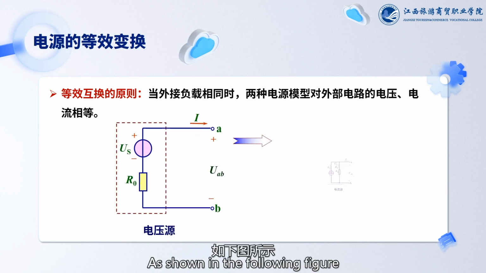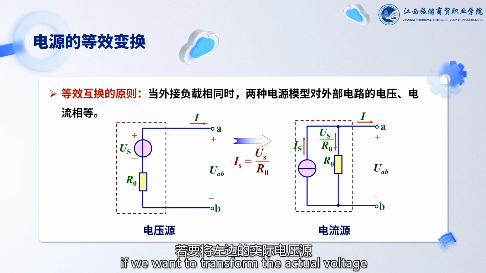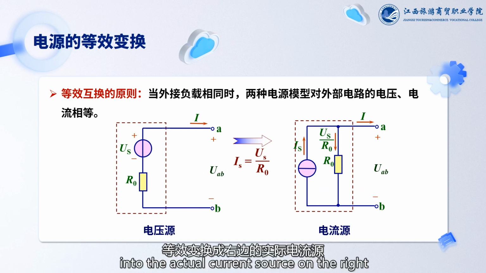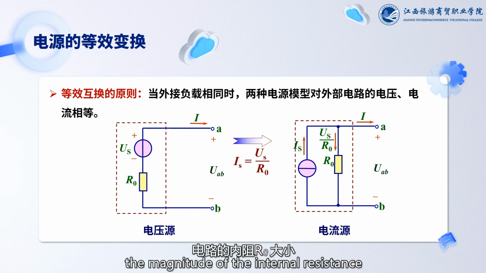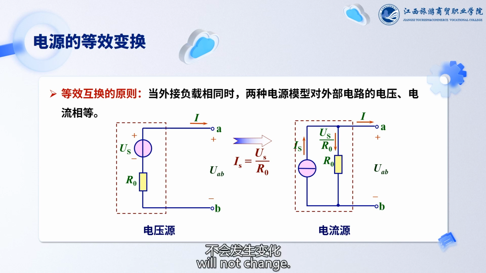As shown in the following figure, if we want to transform the actual voltage source on the left into the actual current source on the right, everything remains the same. Before and after transformation, the magnitude of the internal resistance R0 of the circuit will not change.